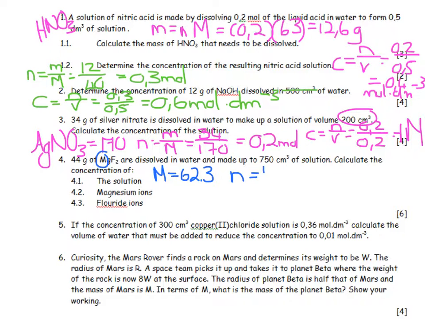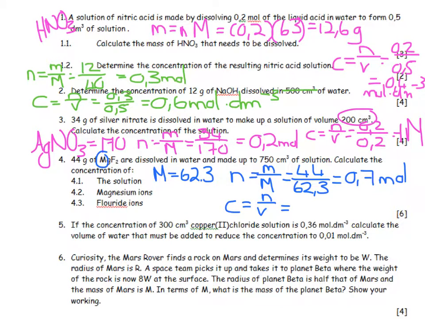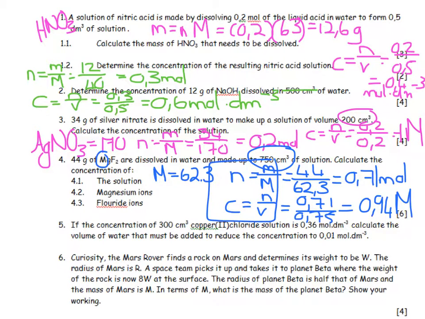Number of moles is equal to mass over molar mass, which is 44 divided by 62,3, and I land up with 0,7 moles. Concentration, again I write out my formulae, number of moles divided by volume. These two formulae, by the way, are on the information sheet. There is no excuse for getting them wrong. So it's 0,71 divided by 0,75. I've had to convert the 750 centimeters cubed. 0,94 moles per cubic decimeter. That is the solution now.